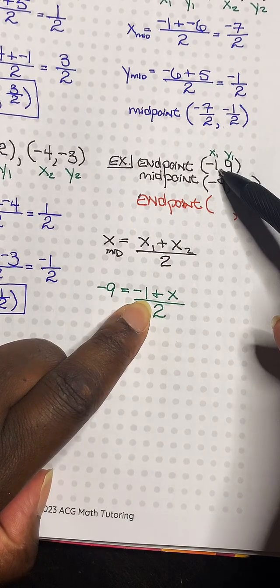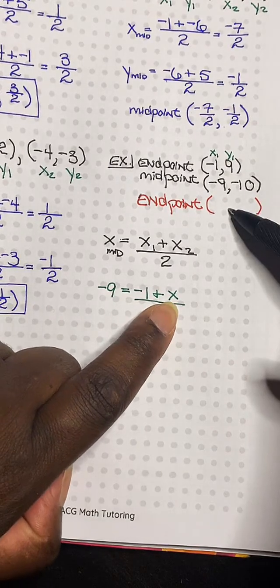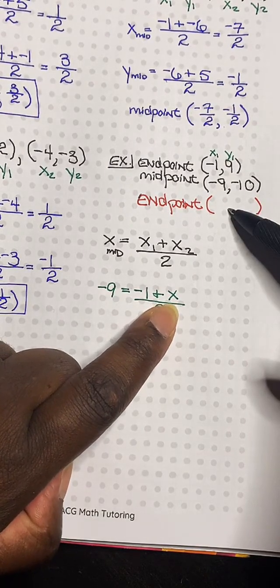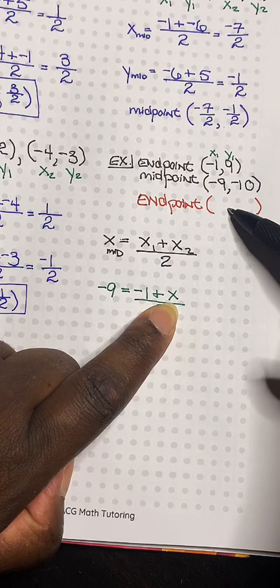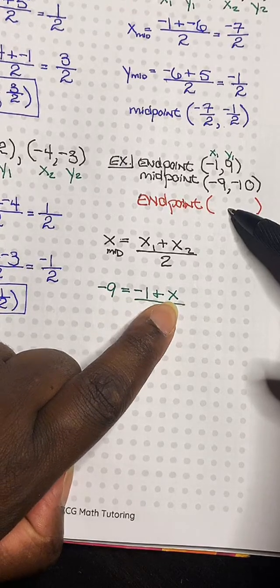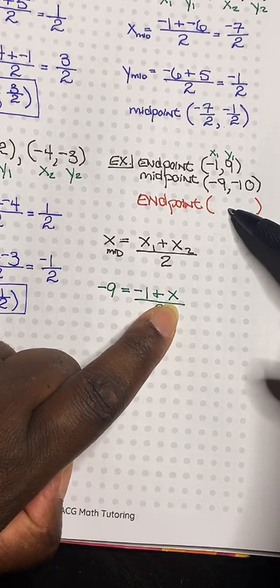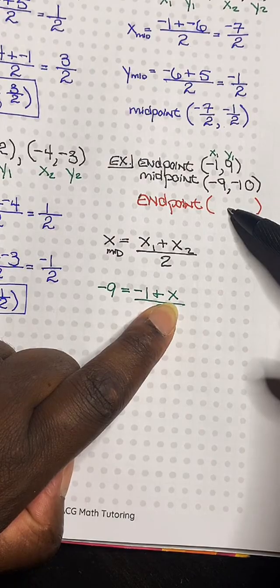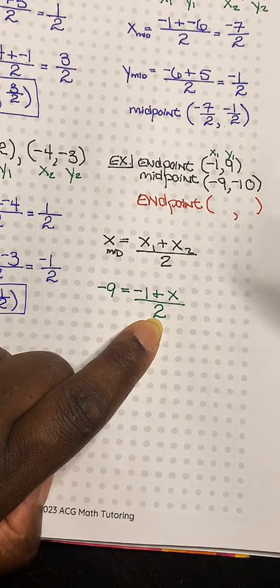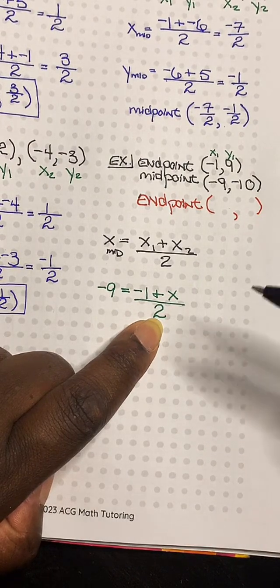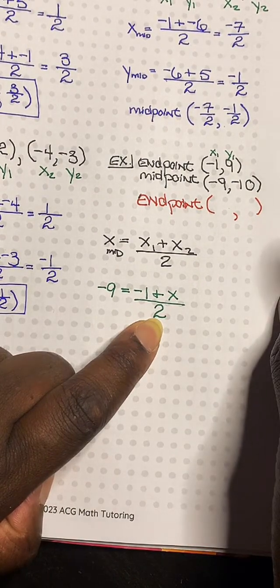And then I need the x value of the endpoint that we don't know. Since we don't know it, we need something in its place. So we're going to use a variable x. It's a midpoint, so we're usually cutting things in half.